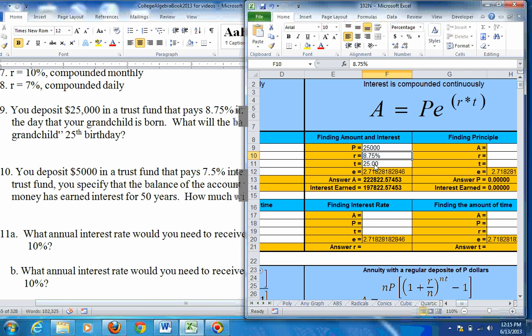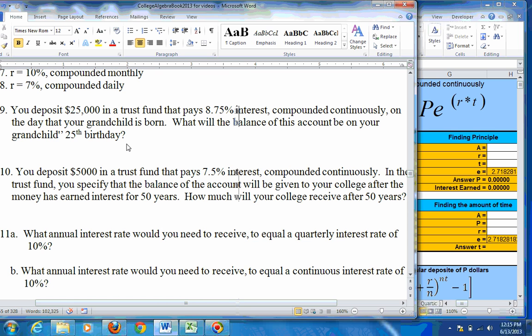Either way will work. The T is 25 years because it's from born until she's 25 years old, so that's 25. So how much money will be in there? Well, $222,822.57. Okay, so let's go on to 11.